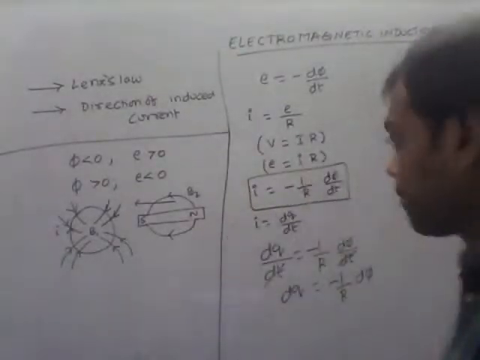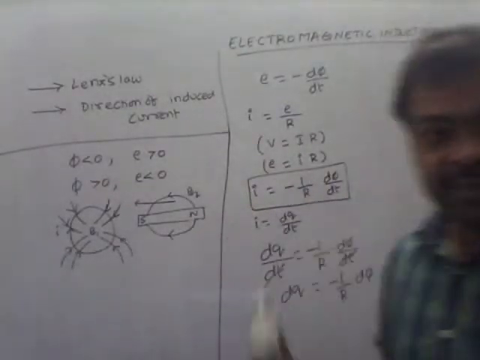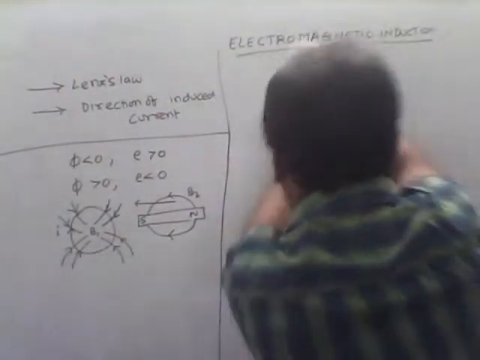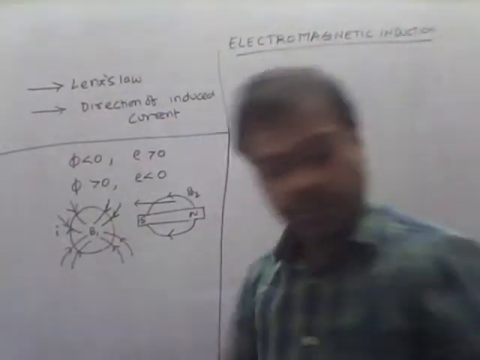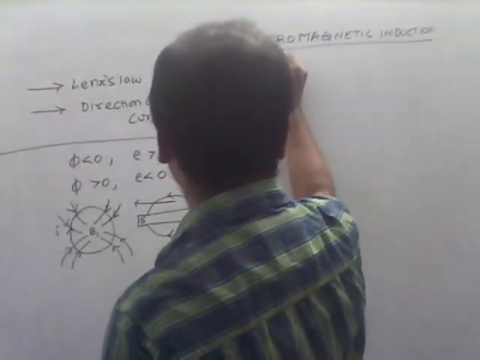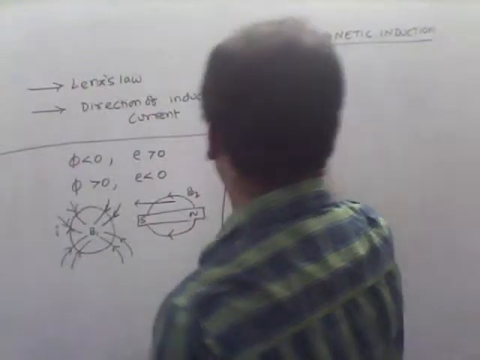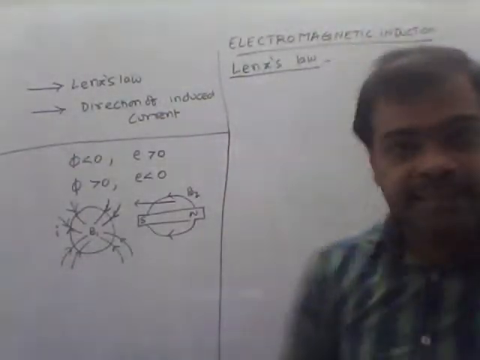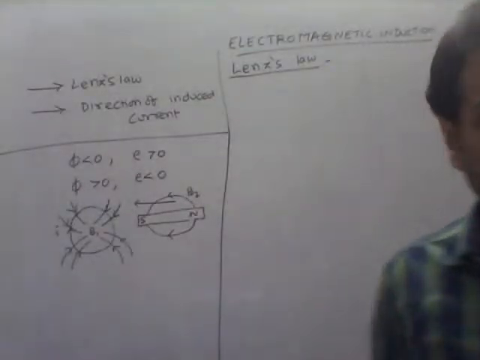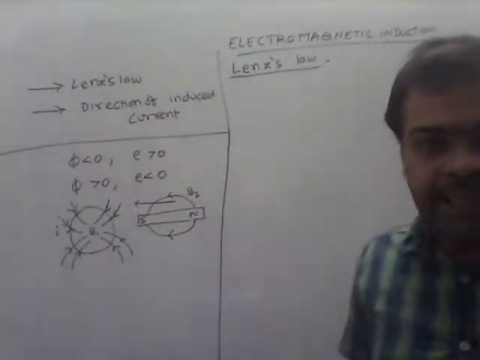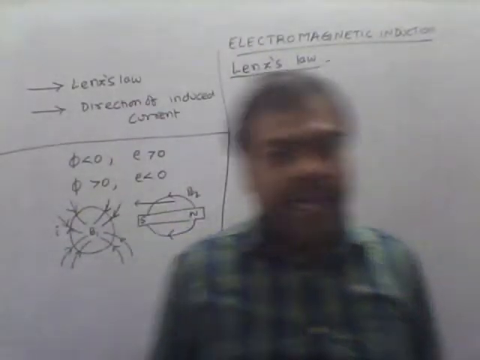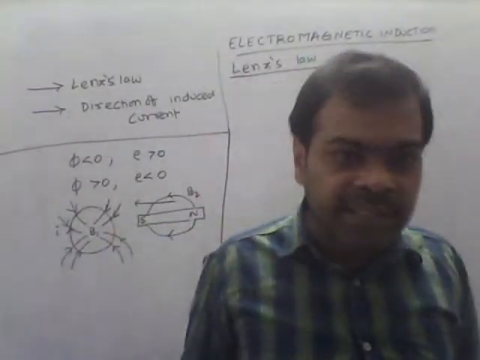Now see here, let us consider what the Lenz law says. Whenever a conductor is placed near another conductor, suppose I have a circular coil and another one a solenoid.